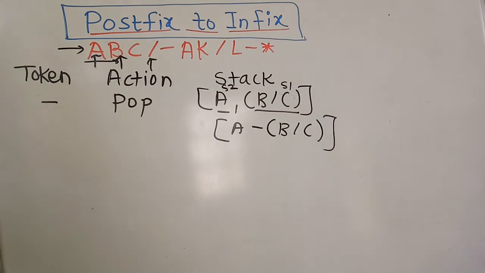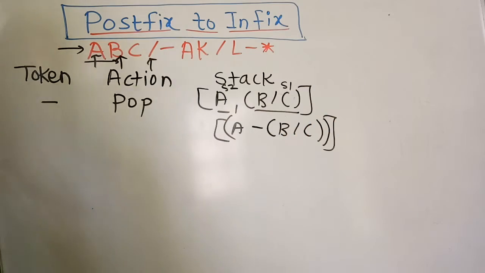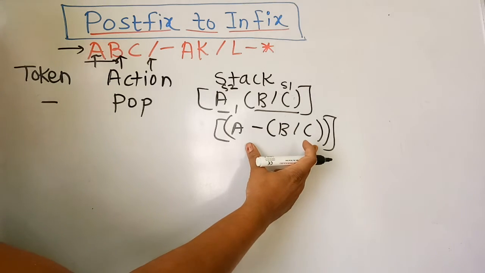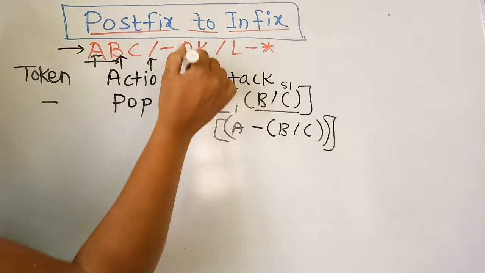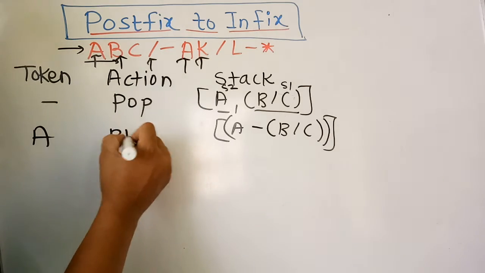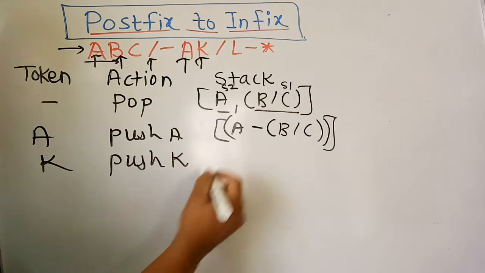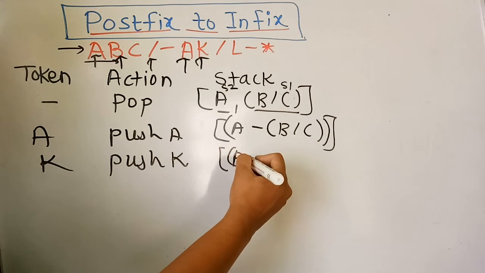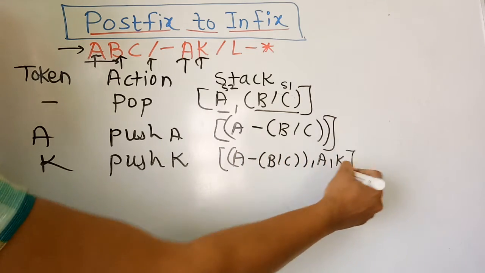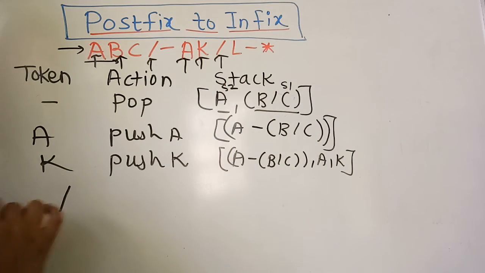It is collectively a new single operand. For simplicity, we are taking the brackets. Now what are the next inputs? A and K. So push A, push K. Now the stack is A minus B divided by C, comma A, comma K. Here the operator is divide.